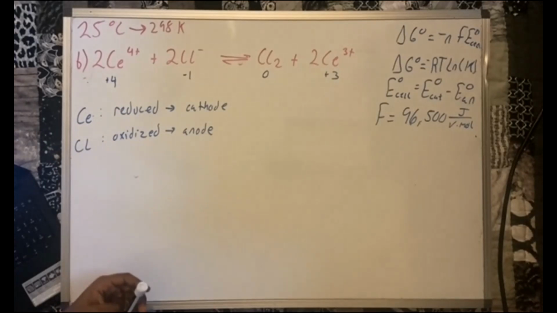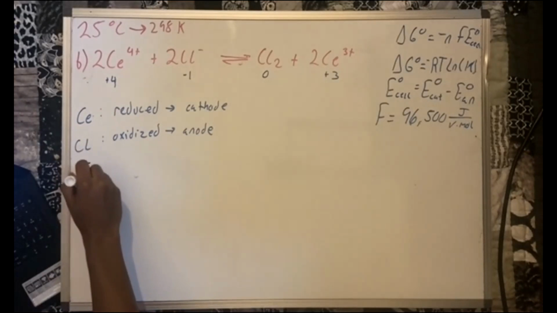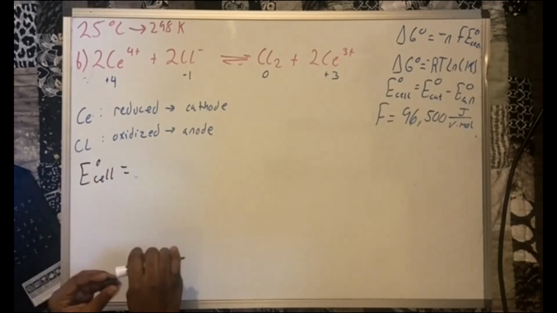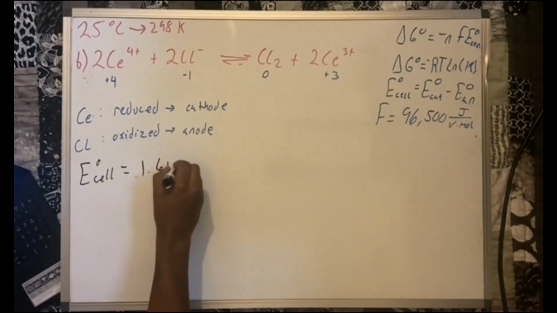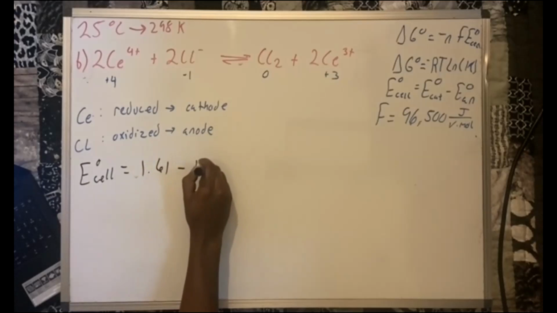Then you look at your table and you see that E-cell naught is your cathode, which is your Ce, 1.61, minus your anode, your Cl, which is 1.36.